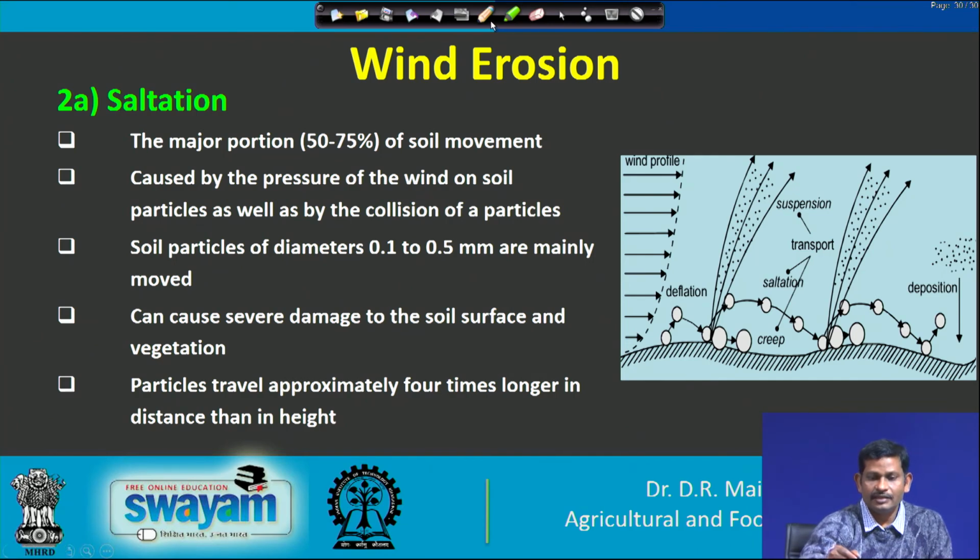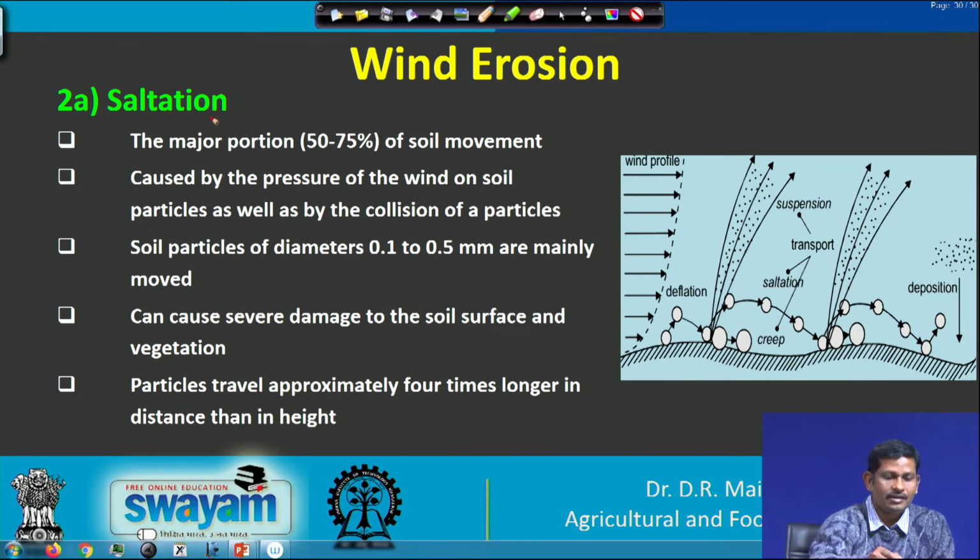The first is the saltation. The saltation is the major portion; 50 to 75% of the soil movement takes place due to saltation. It is basically caused by pressure of the wind on soil particles as well as by the collision of the particles.